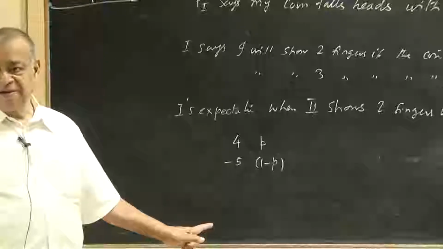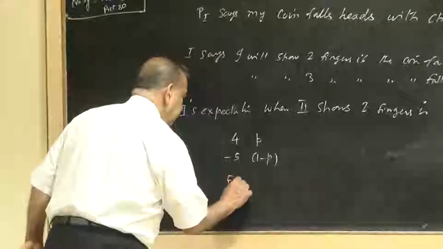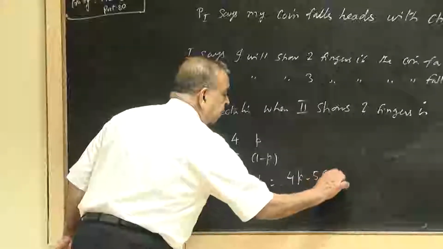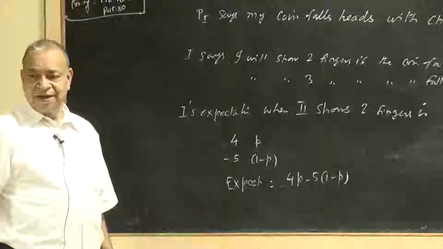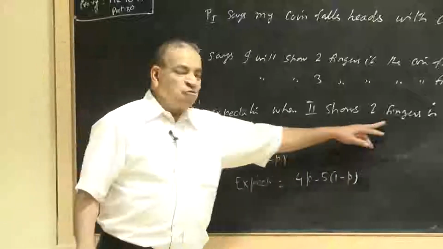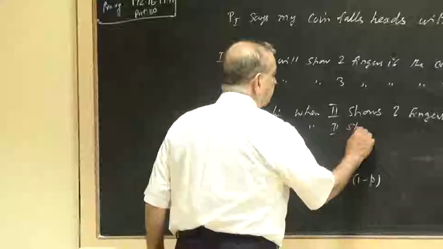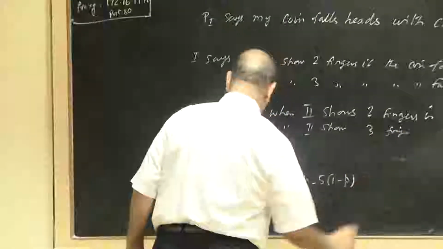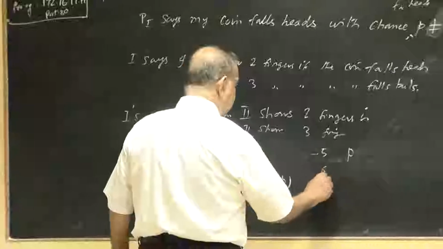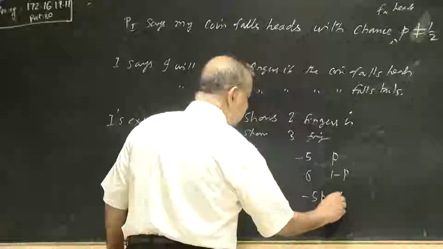Which is equal to the expectation 4P minus 5 times 1 minus P. Now this is provided player 2 shows 2 fingers. When player 2 shows 3 fingers, then the numbers will change. Now it will be minus 5 with probability P, plus 6 with probability 1 minus P. So that expectation is minus 5P plus 6 times 1 minus P.